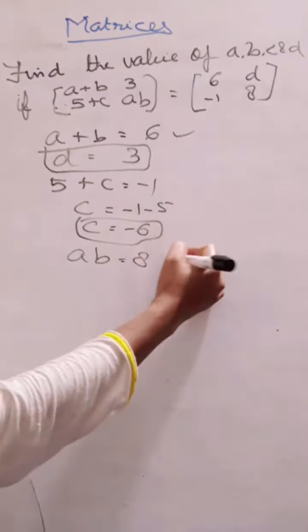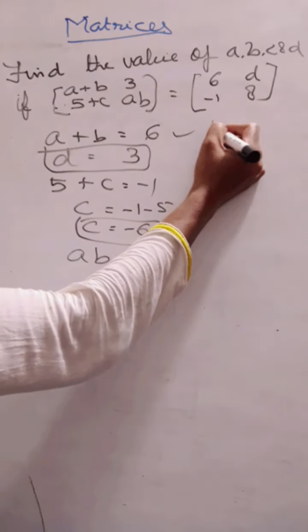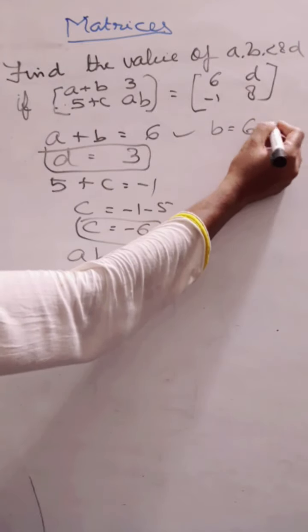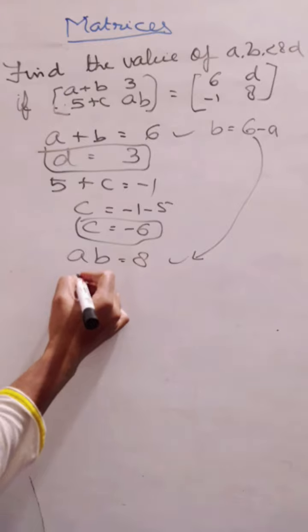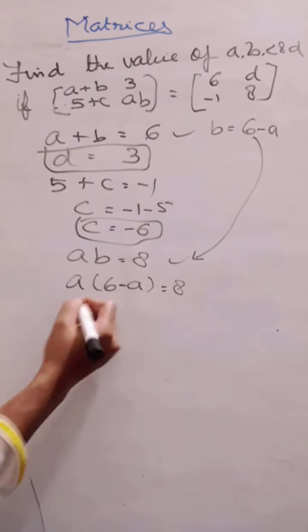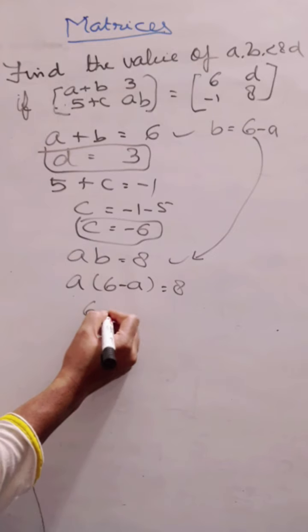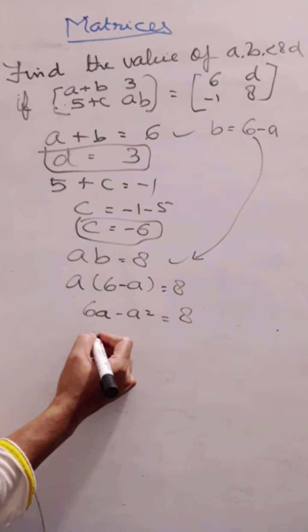Now I have these two equations. I can substitute from here: b equals 6 minus a. Now this I am substituting here. So I will get a into 6 minus a equals 8. Now 6a minus a square equals 8. I am taking all on the other side.